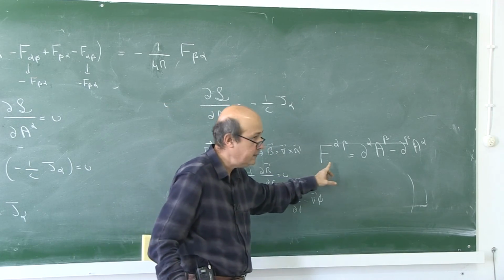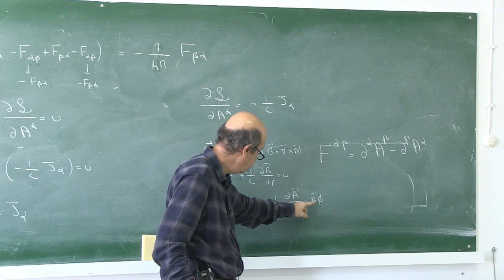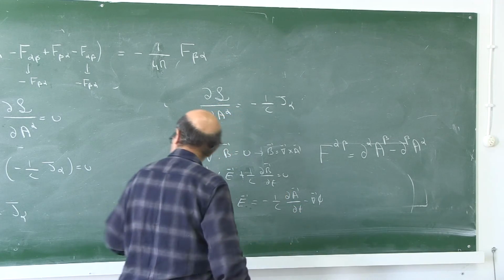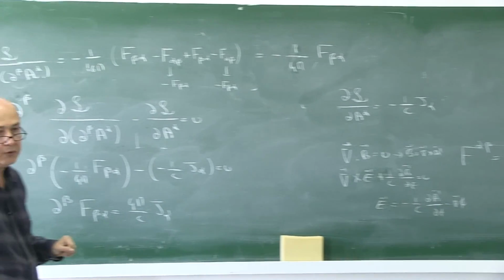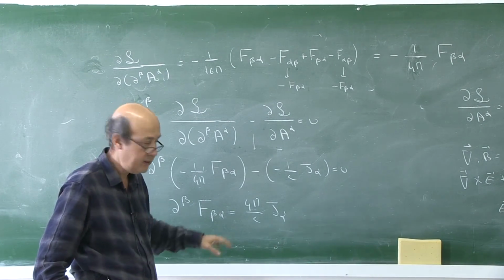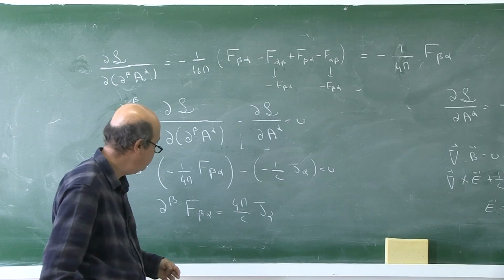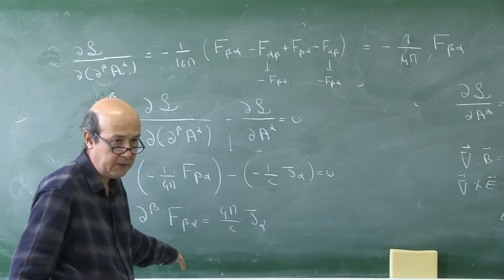We construct the field strength tensor using the scalar and the vector potentials. Therefore, we have only one Lagrangian density for the electromagnetic field, and that gives this equation of motion. Okay, this is the equation of motion of the electromagnetic field. How many equations? 4 independent equations we have.